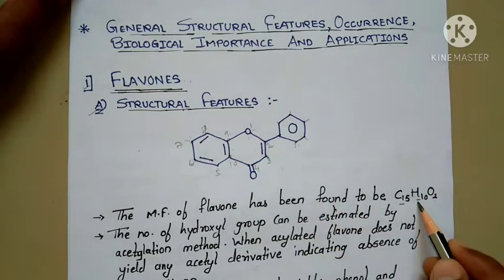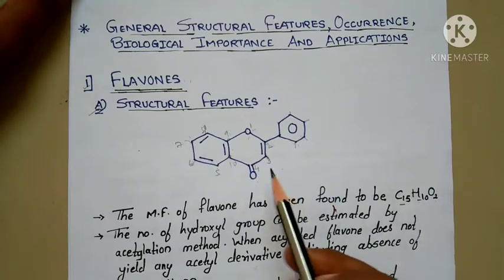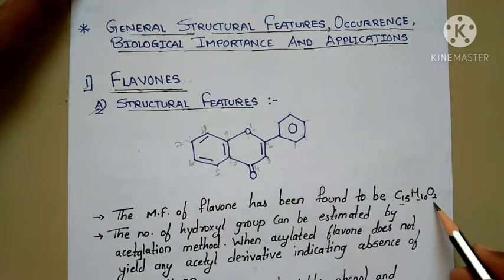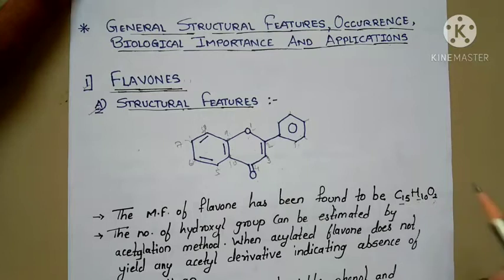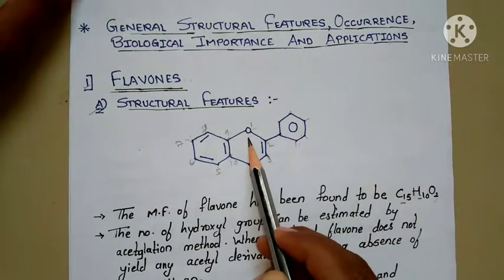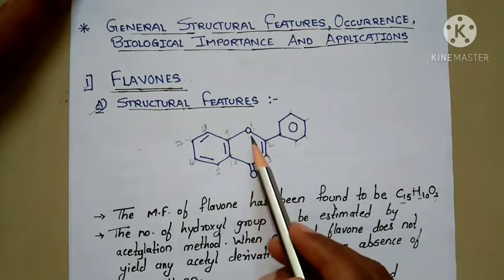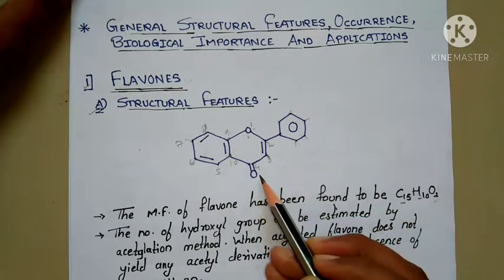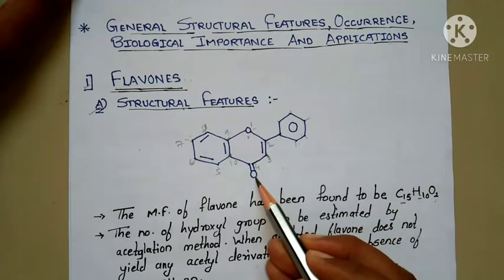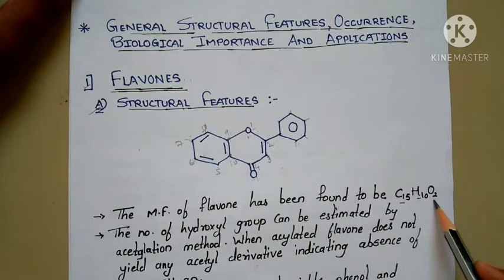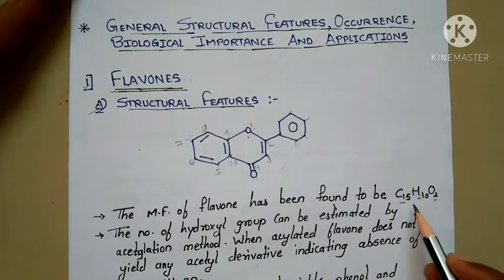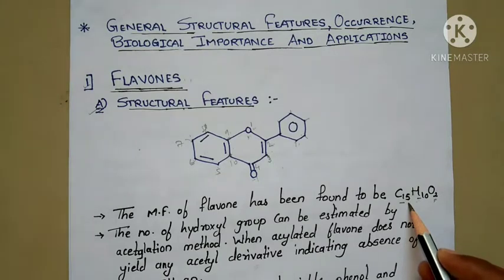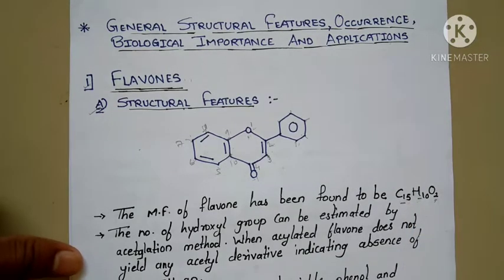So there are 10 hydrogens in the flavone structure, and there are 2 oxygens also. One is in the heterocyclic ring, and the C double bond O indicates one oxygen. So there are a total of 2 oxygen, 10 hydrogen and 15 carbon in the structure of flavones.